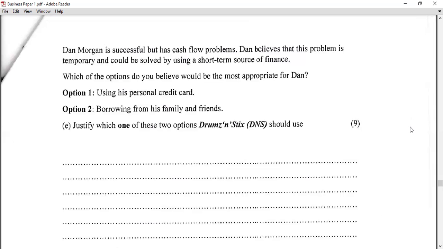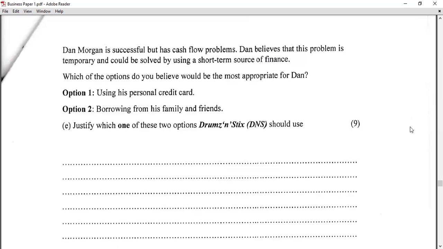But there is a problem also. Credit card is very costly normally if you are unable to pay within 45 days. The credit card company charges high interest rates. So it is costly for Dan only if he's unable to pay, right? But if you're able to pay within the given time period, it is interest free. That's a flexibility, and the working capital you can quickly manage.